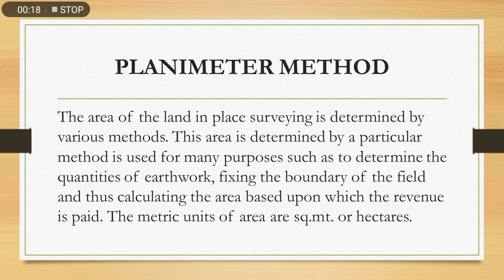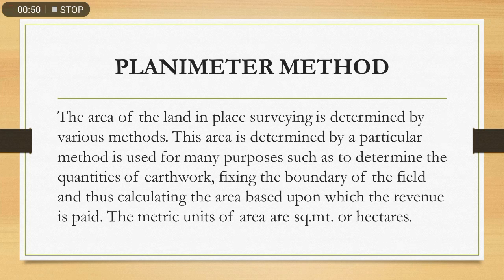So let's continue. The second topic of my report is the planimeter method. The area of land in surveying is determined by various methods, and this is used for many purposes, such as to determine quantities of earthwork, fixing the boundary of a field, and calculating the area on which revenue is paid.